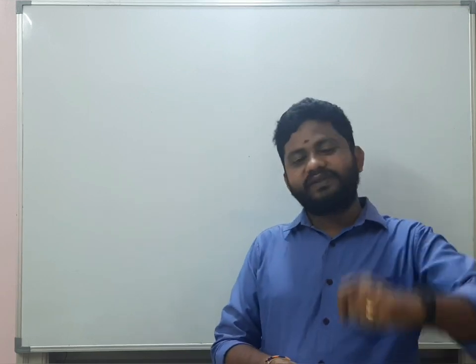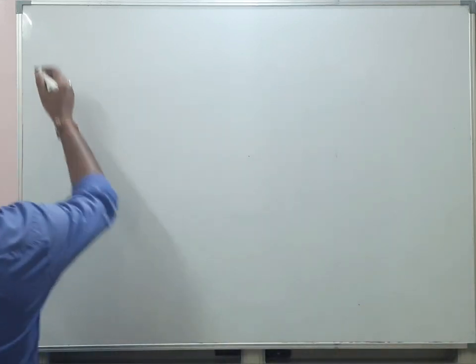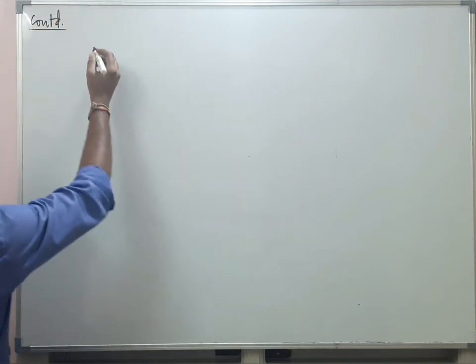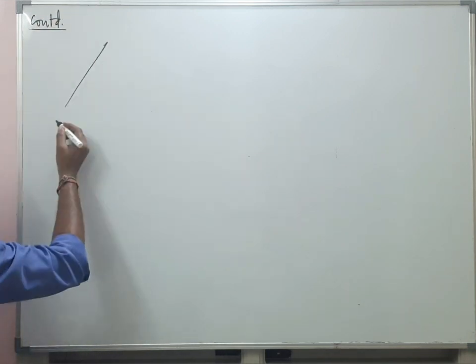My dear students, let's continue the previous application and let's see the last application of variation in the magnetic moment. So what is the continuation here? I'm just taking a triangle.